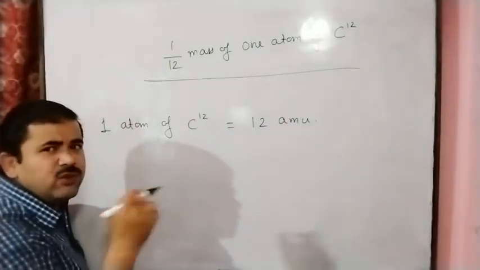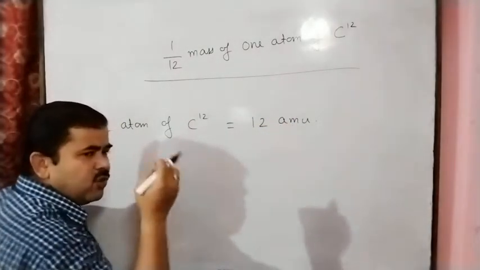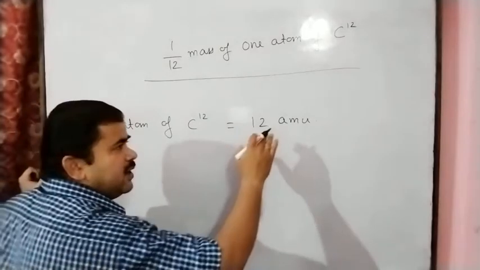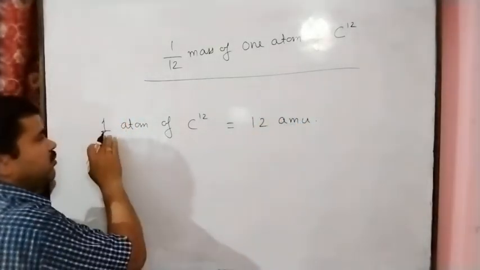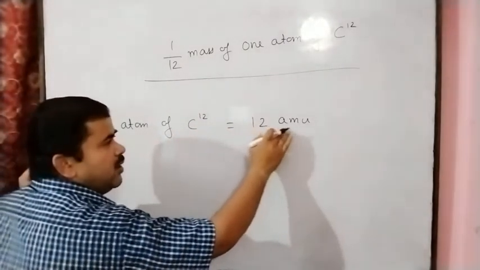This is a very small unit, because the atom is so small and its mass is also very small. So we take a very small unit, AMU, for the mass. So one atom of carbon-12 has a mass of 12 AMU.